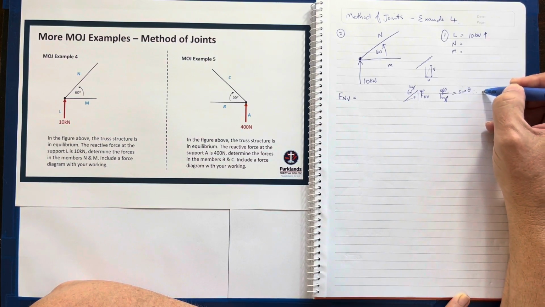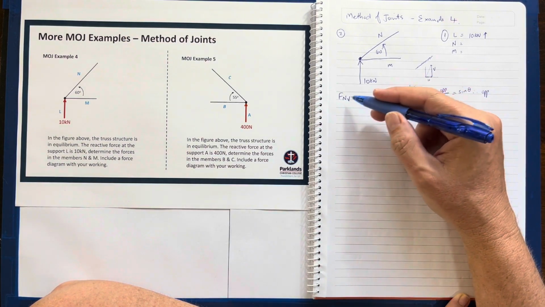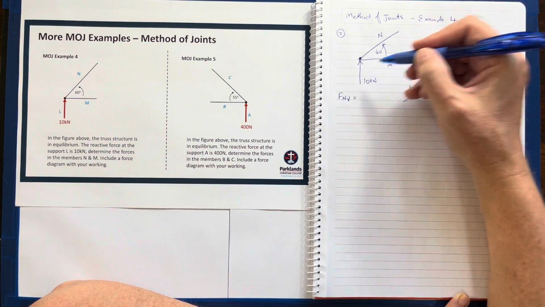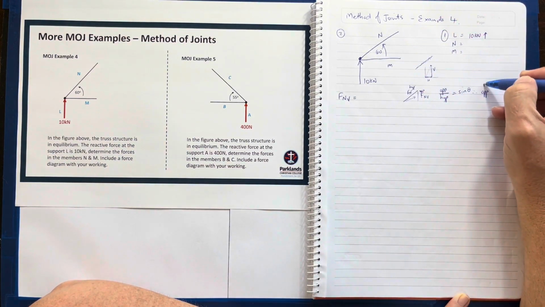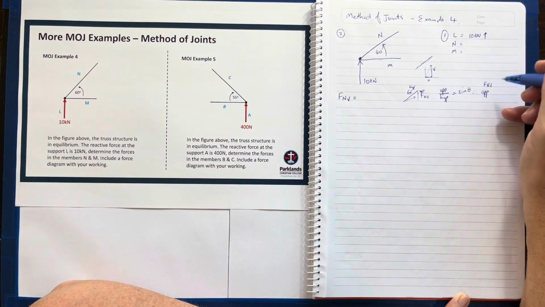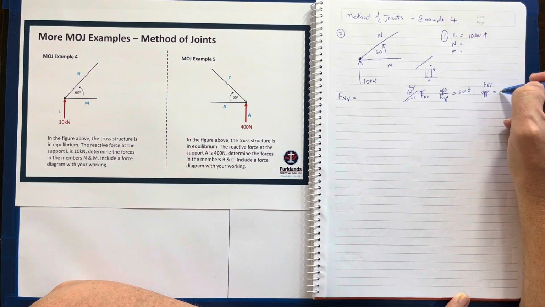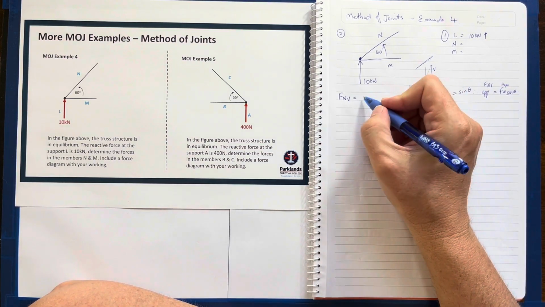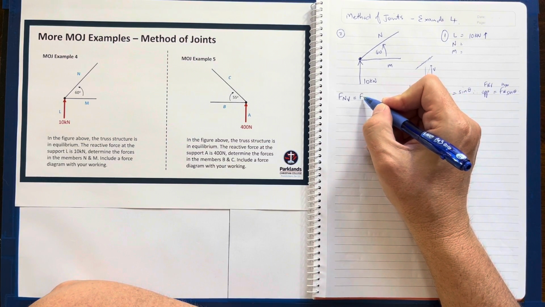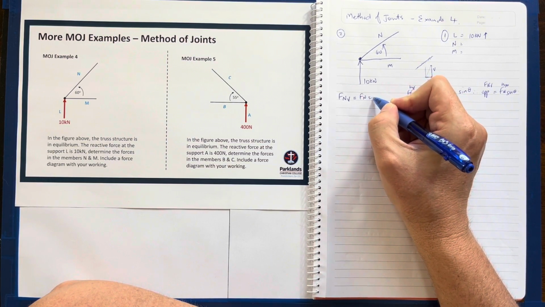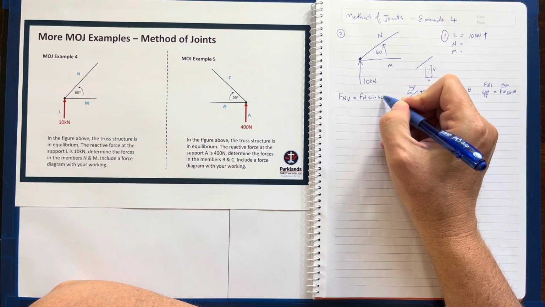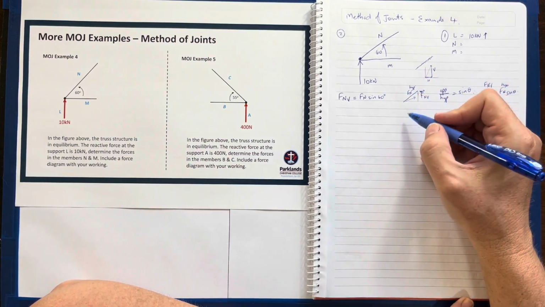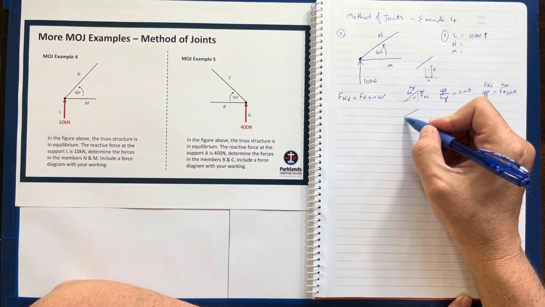My opposite, which I'm now calling force N vertical, is force N, the hypotenuse, times sine theta. So my force N vertical would effectively be force N sine 60 degrees. I can do the same thing for the horizontal part.